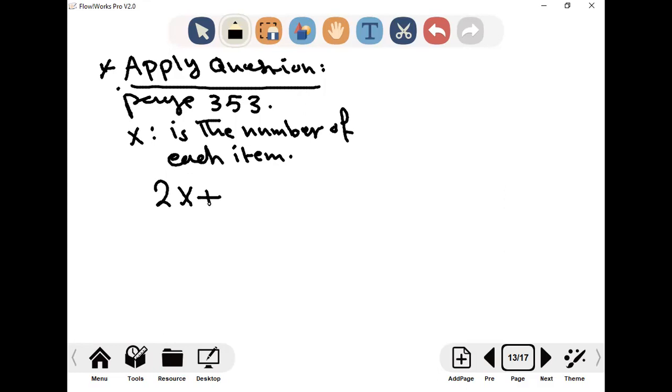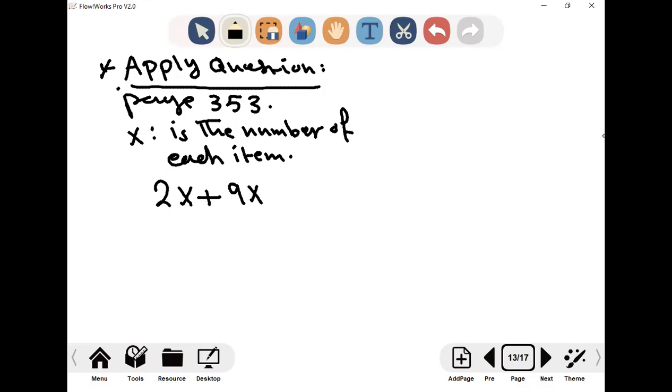Now for the other type, tie-dye kits, the price of each one is 9. And x of them, because x is for both types, right? So 9 times x, so 2x plus 9 multiplied by x.